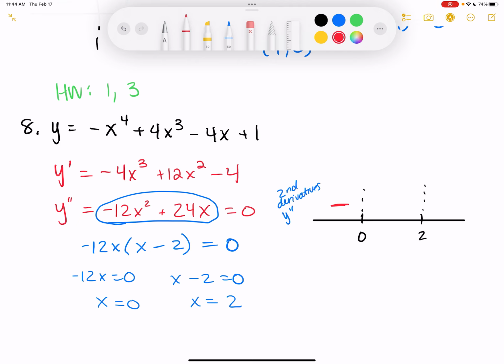Positive. And then over here, if I plug in something like 3, it'd be negative.